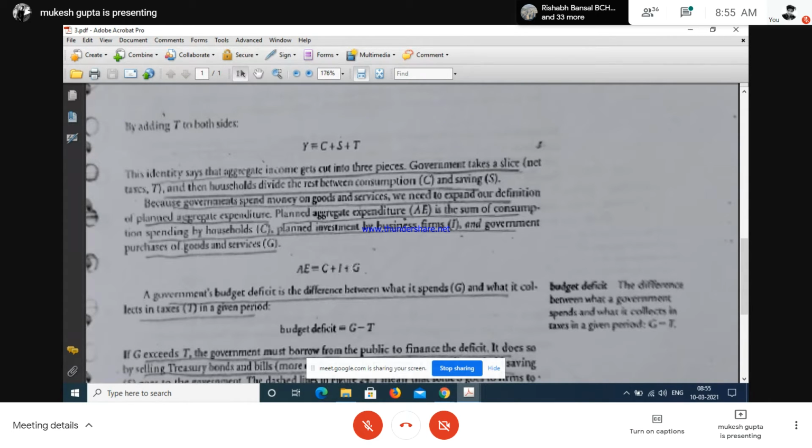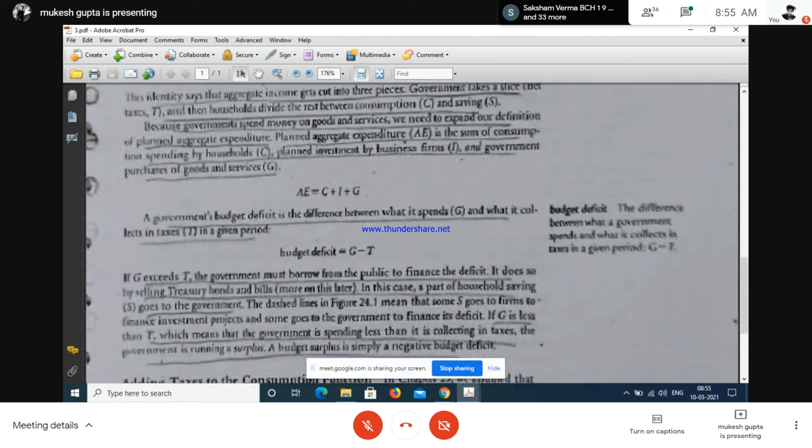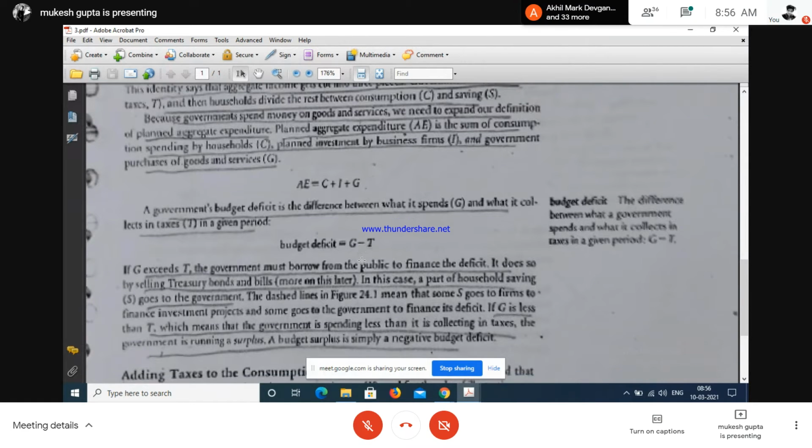Budget deficit is the gap between government expenditure and net tax. If government expenditure exceeds tax revenue, it is a budget deficit and the government has to borrow. If government expenditure is less than net tax, it means a budget surplus, or a negative budget deficit.